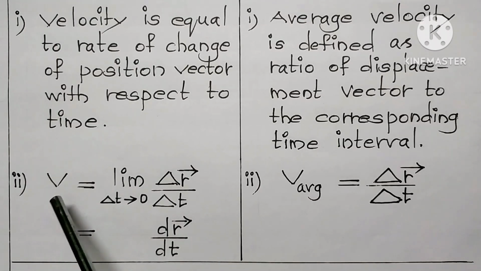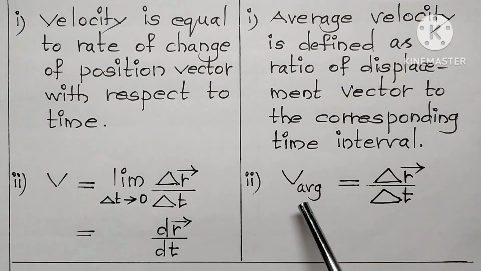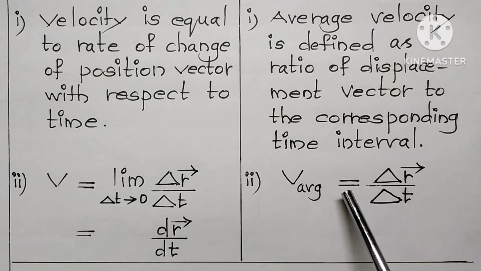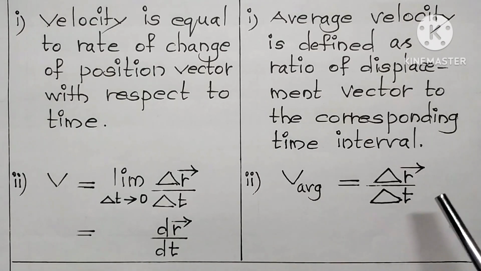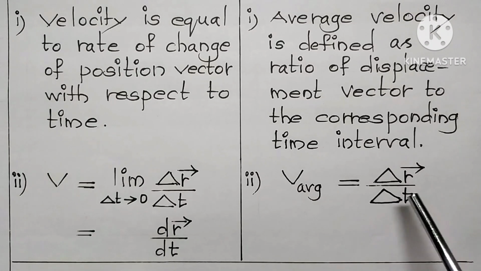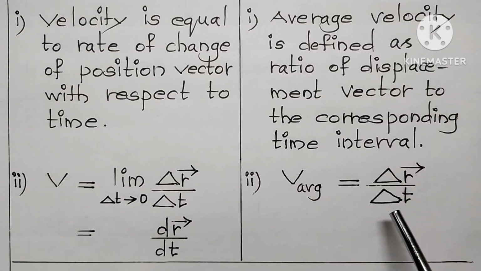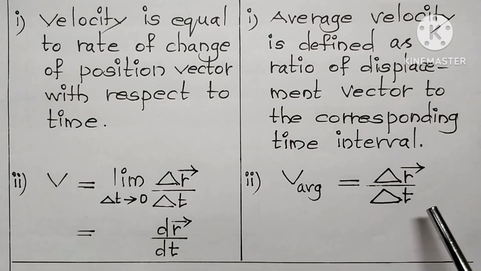So the expression for velocity is v is equal to dr vector by dt. Average velocity, v avg, where avg is the short form of average, is equal to the ratio of displacement vector delta r vector to the corresponding time interval delta t.